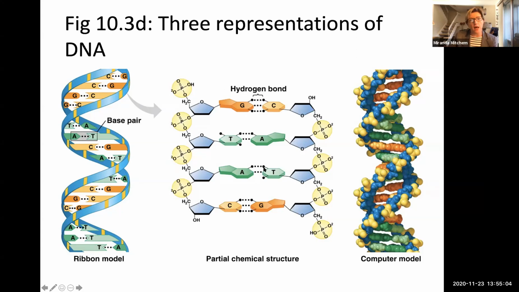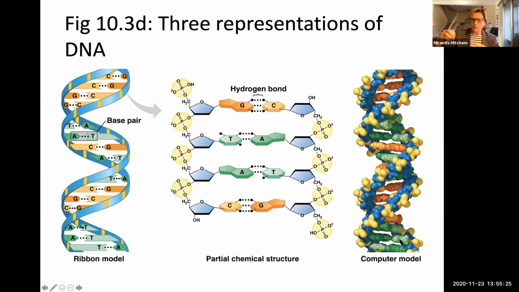And these are temporary bonds, just like we learned at the beginning of the semester when we were studying the chemical properties of water. Hydrogen bonds are temporary. They're constantly making and breaking. Now, I actually like the computer model quite a lot because I did a lot of work on the protein level.